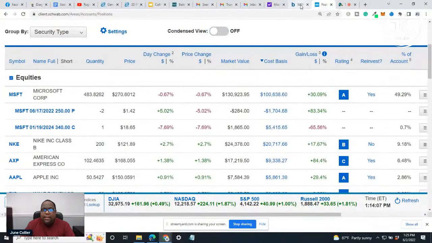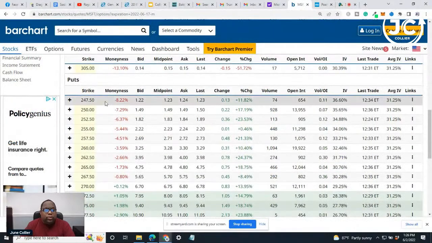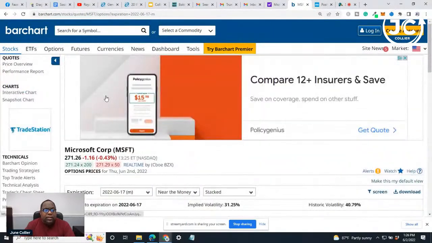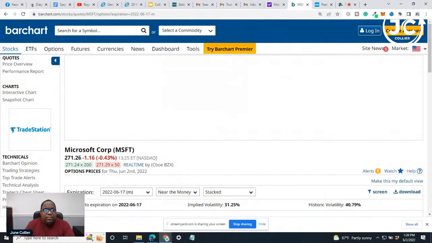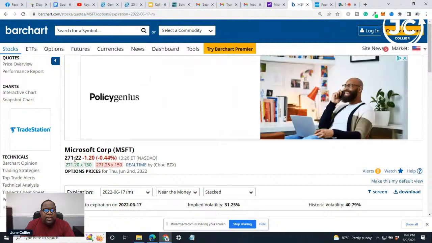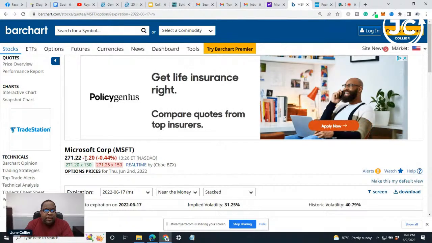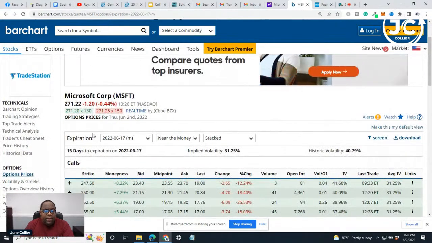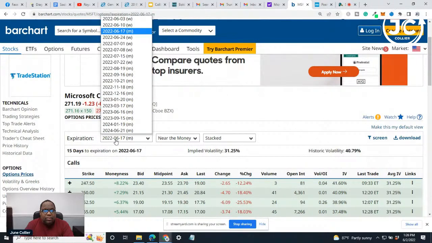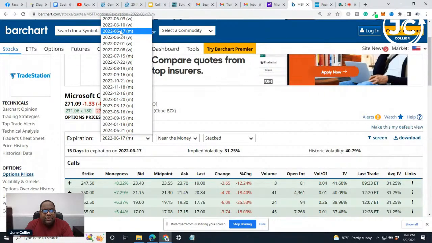So the first thing that we're going to do is share my screen. So I'll go ahead and share the screen here. And the first thing I want to do is I want to just kind of come here and look at Microsoft. Microsoft is trading at 271.22. And if we go and look at, you'll see here, we're going to go to June 17th.